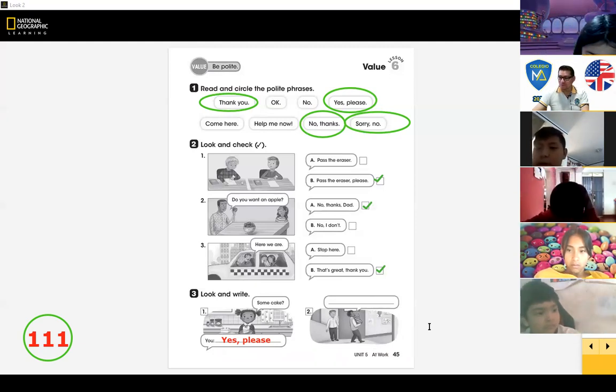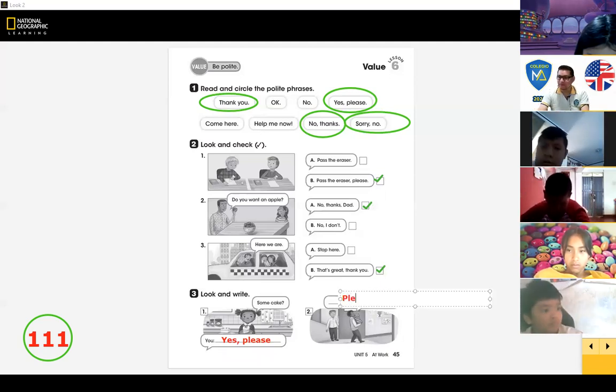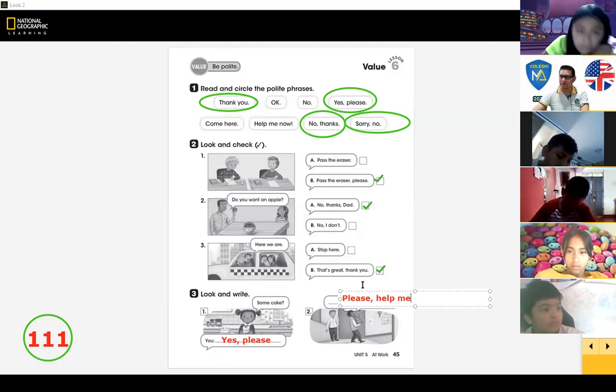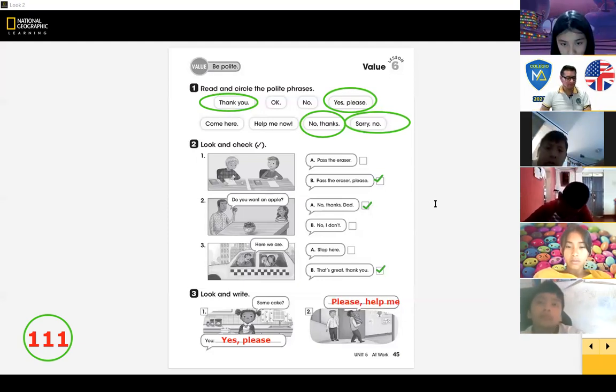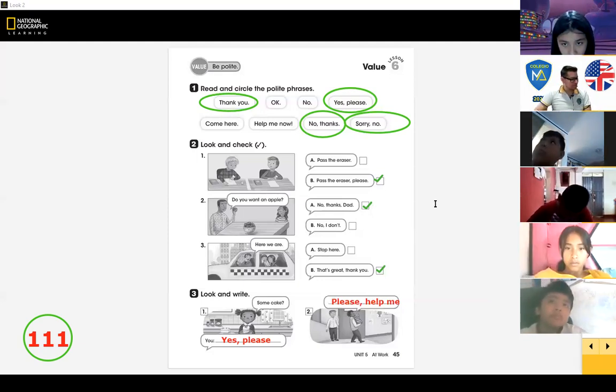What do you think should be the word? Please help me, right? You can say that. I'm gonna write here, please help me. No, help me. This could be a polite way to ask for help. Yeah, let's do that activity.